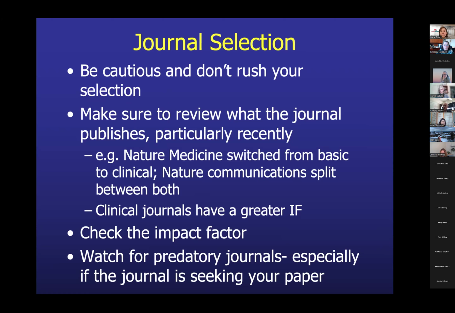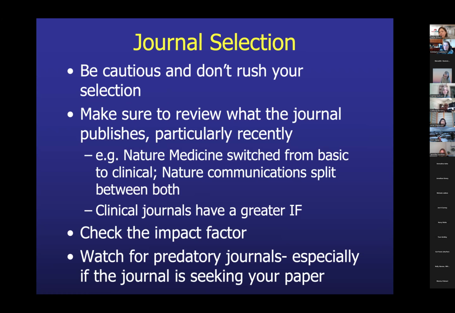The highest impact journal of all times is CA, or Cancer, which, if you've seen it, is a small review article journal that only takes review articles. And so the citations are really high and they're published quarterly.